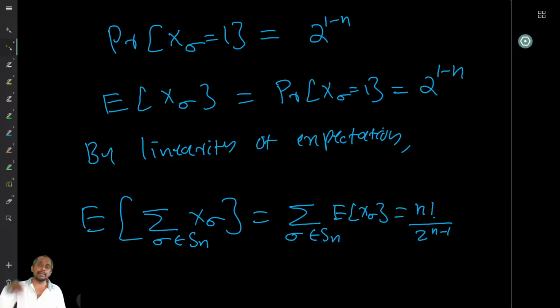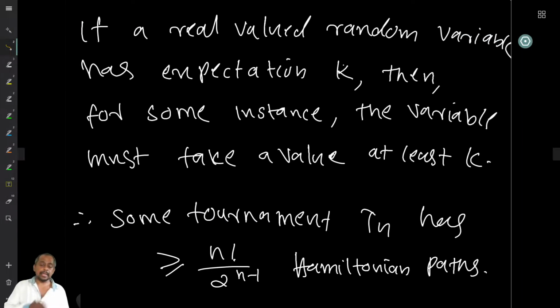Because if all the values are less than this number, then we are multiplying them with probabilities which are less than 1 and adding, so the number will always be less than it. It's just like the average. So the pigeonhole principle of expectation says that if the expectation of a random variable is some value, then for at least some occurrence of that random variable, it should take a value greater than or equal to the expected value.